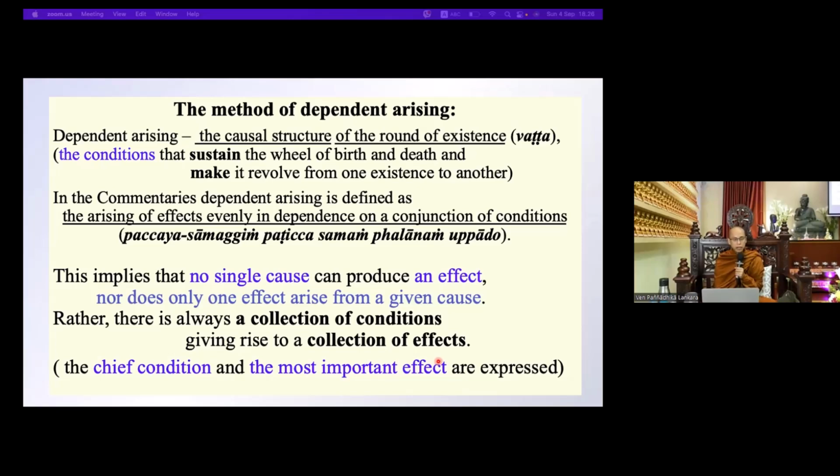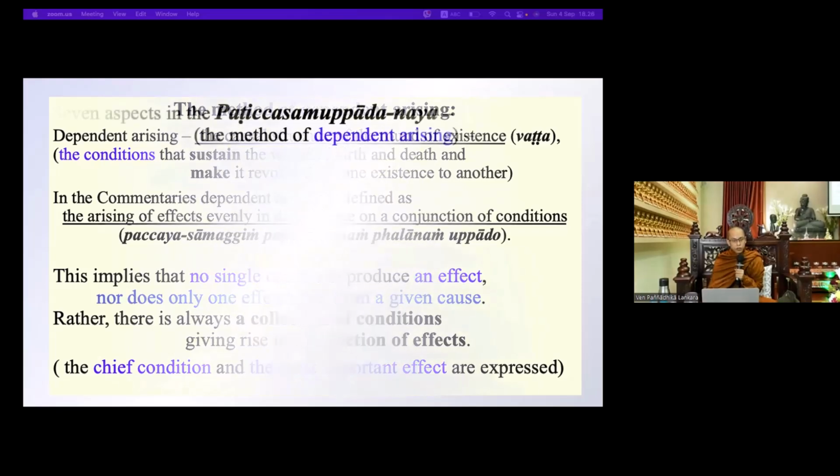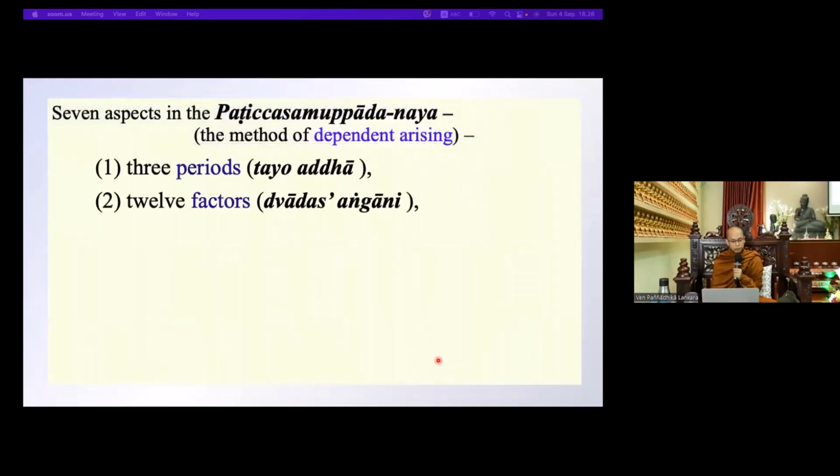In the Patthana, it explains the complete set of condition groups and effect groups, and the force will also be mentioned. For more information, we need to study the other 7 aspects of dependent arising.